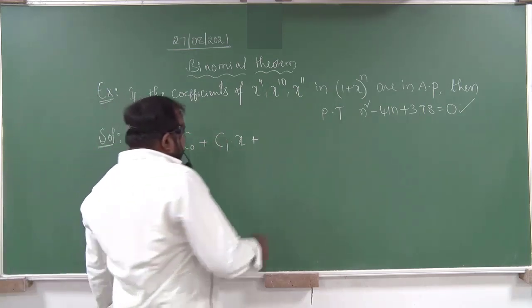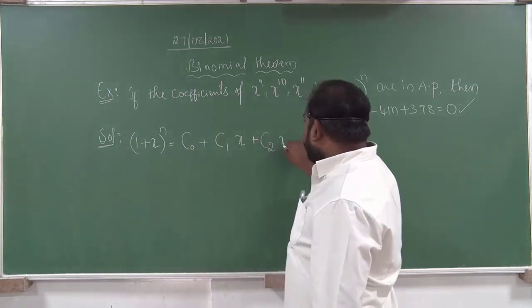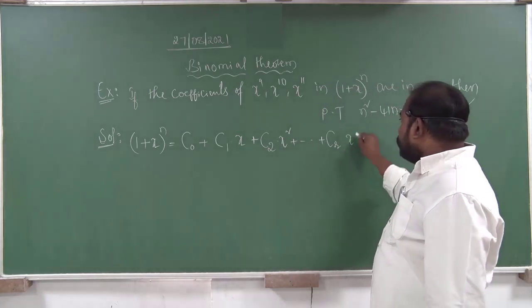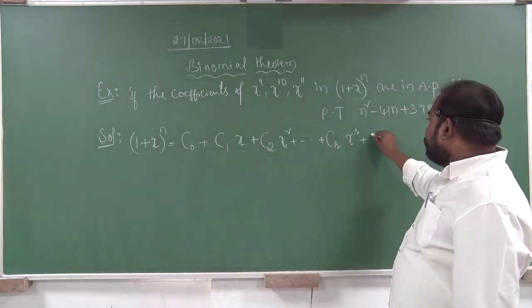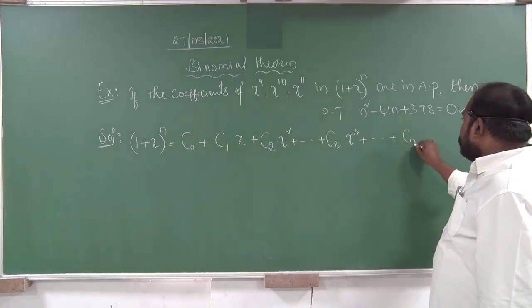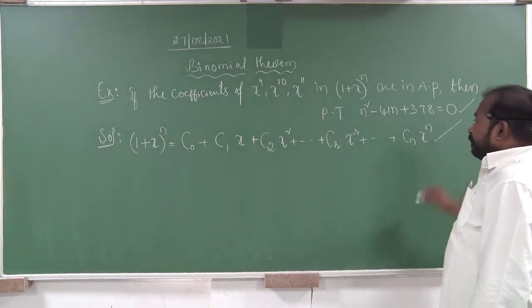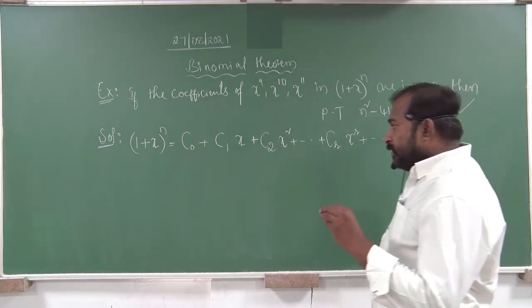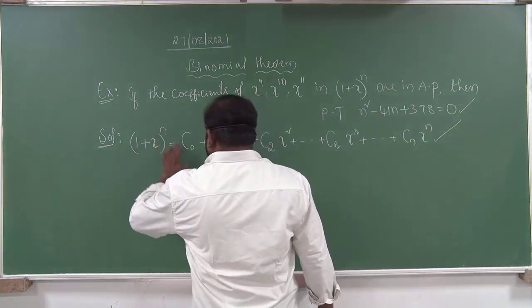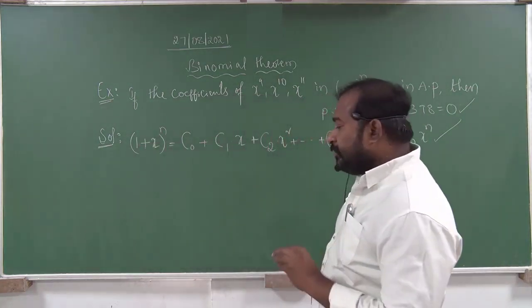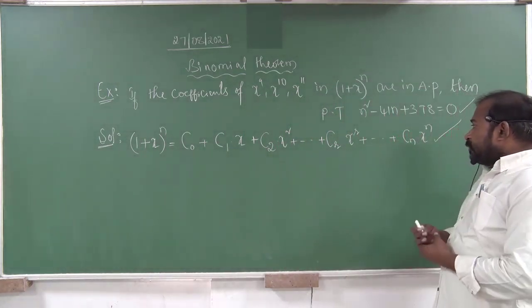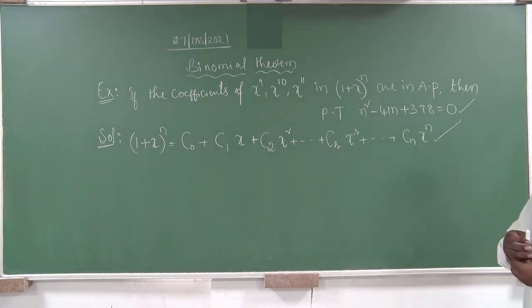So c1x plus c2 into x square plus so on plus cr into x power r plus so on plus the last value cn into x power n. This is the binomial theorem, which we already know. With the help of the binomial theorem, if I expand (1 plus x) whole power n, I get c0 plus c1 into x plus c2 into x square plus so on plus cr into x power r plus so on plus cn into x power n.